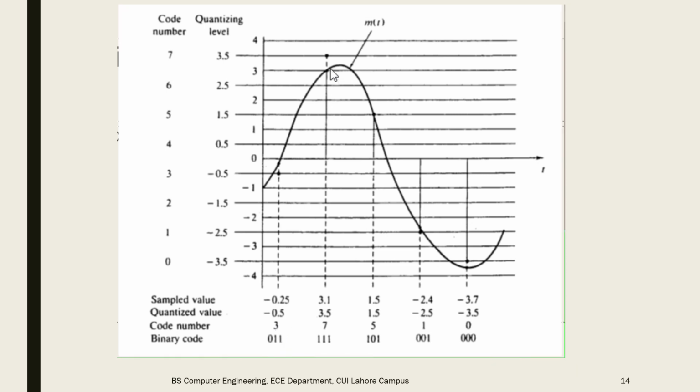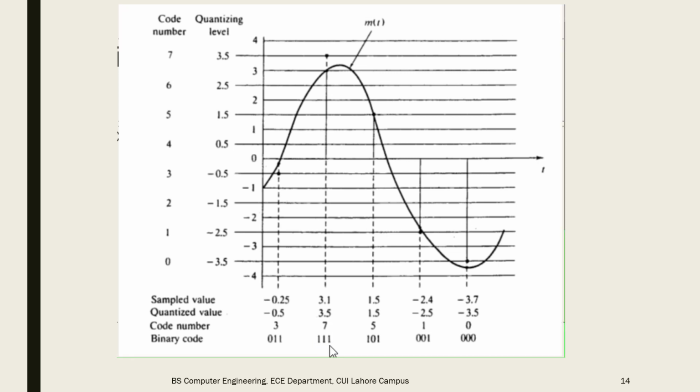Now let's talk about the other sample. The actual sample value is 3.1. Now this 3.1 is between 3.5 and 2.5. These are the two quantization levels. It is closer to 3.5, so the quantization value 3.5 will be assigned, and the code number is 7. So this is the 7th code number, and we can assign the binary code 111 to this.